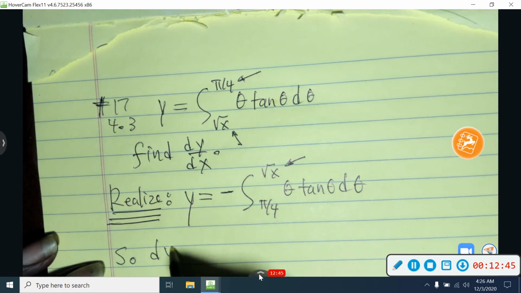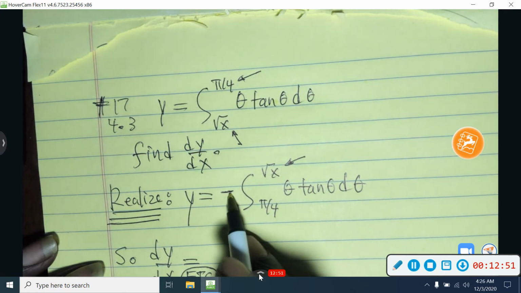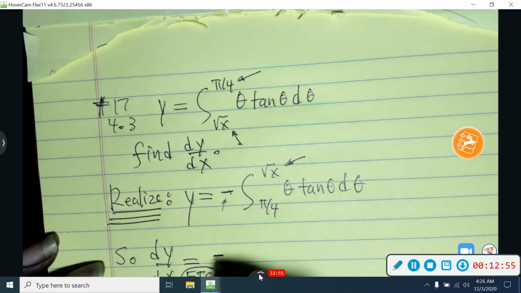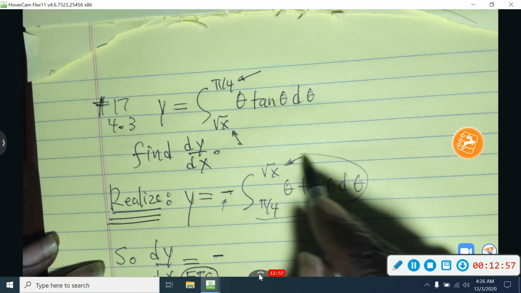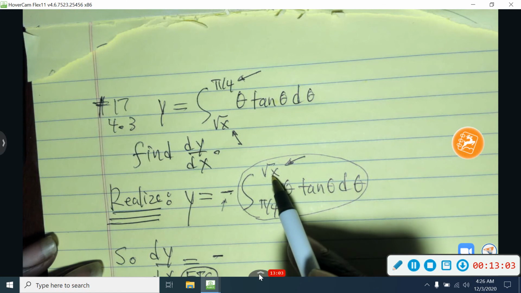So dy dx, by the fundamental theorem of calculus, FTC. The derivative ignores a minus sign, so that goes there, and now goes to the function. That's a chain rule because there's not just an x here. It's a composition of there being an x here and the square root of x.